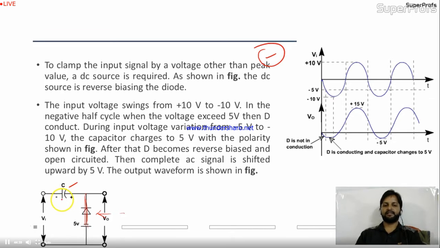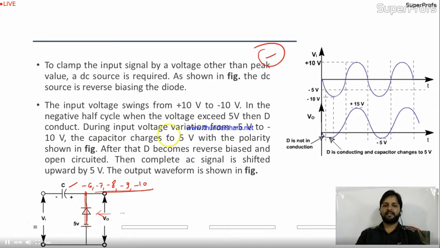So the diode will be in forward bias when this value is less than minus 5, meaning minus 6, minus 7, minus 8, minus 9 and minus 10. For all these values, the diode will be in forward bias.